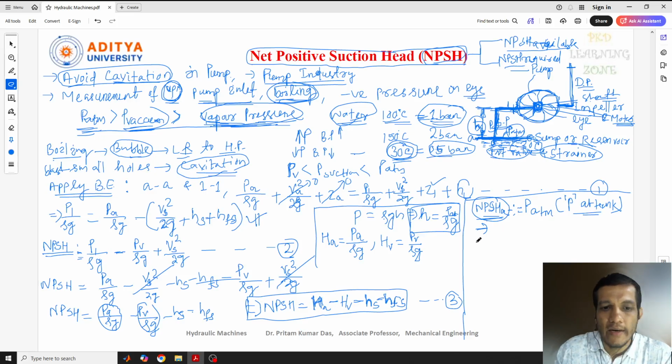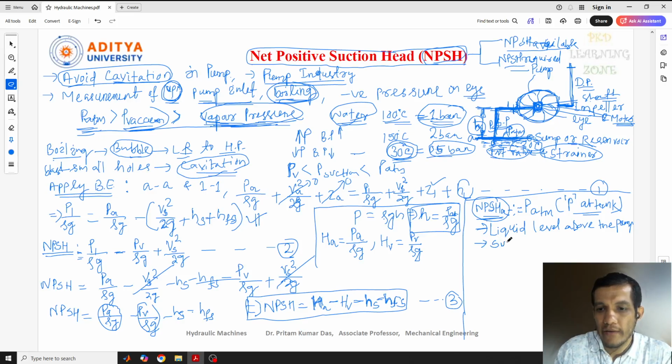The second one is the liquid level. Which liquid level? The liquid level above the pump. That is required. And what are the losses in the suction pipe?